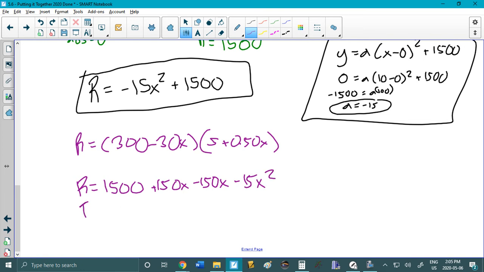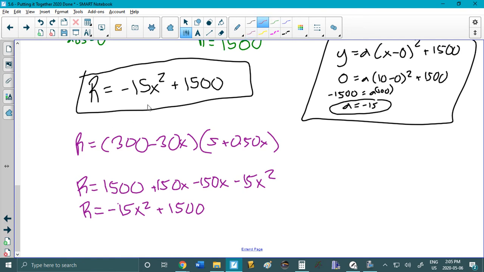Let's rearrange it and collect like terms. So the 150 and negative 150 cancel out. So I get negative 15x squared plus 1500. So from here, I can see my a value is negative 15. This is the first value. And this is actually the exact same equation we got.